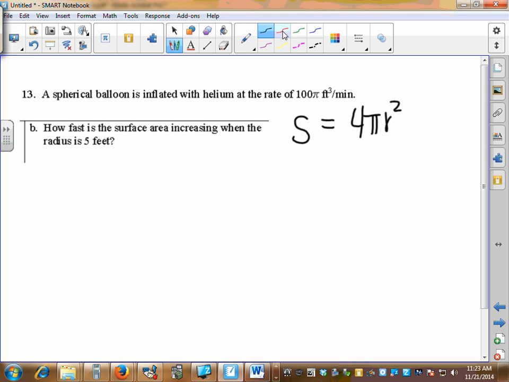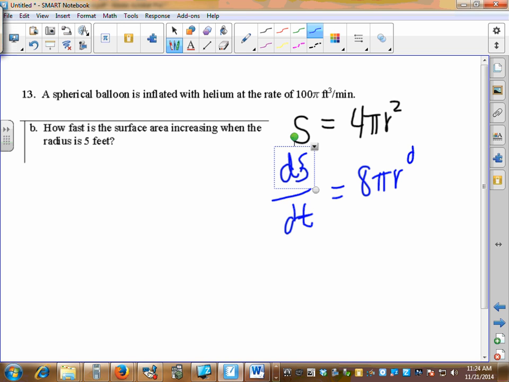Okay, so Erica did the derivative for us. I did dS/dt equals 8 pi r times dr/dt.